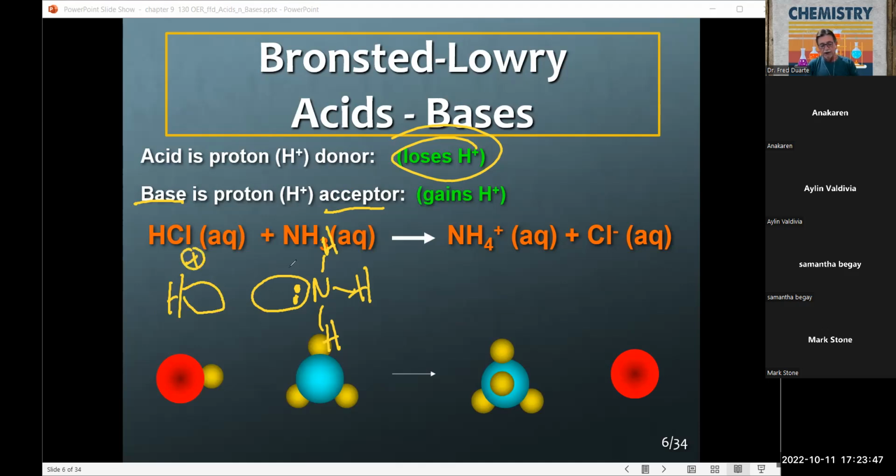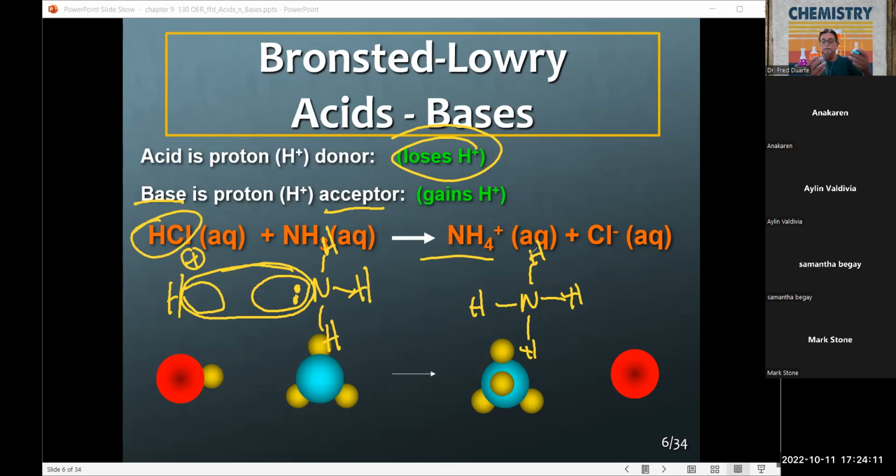So what's happening here, there's a combination where we can create a bond and generate, remember this polyatomic ion, the ammonium ion, where now we have the original 3 hydrogens, but then an additional hydrogen that the acid brought in and the ammonia reacted with to form this complex with a positive.